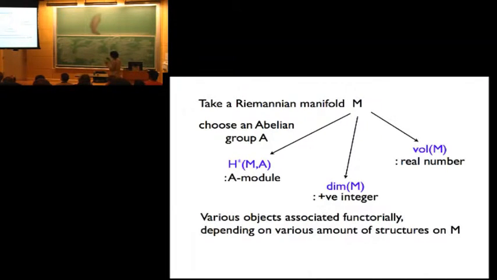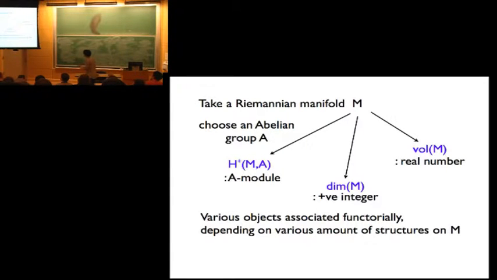Consider a Riemannian manifold, whose definition is rather complicated. We all remember when we were beginning undergrad students. Given a Riemannian manifold, we can extract a simpler mathematical object by various means. For example, you can obtain an integer by taking its dimension, or you can get the volume, which is a real number, or you can choose an abelian group and calculate the cohomology ring with that coefficient.